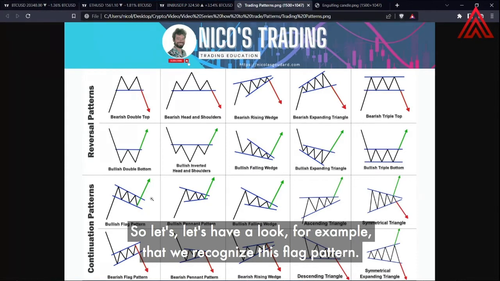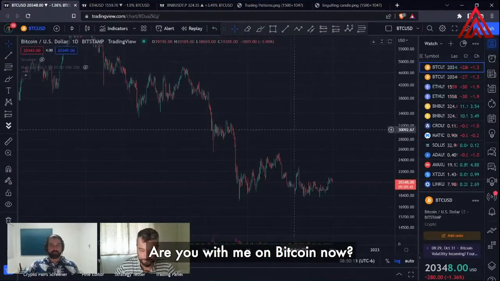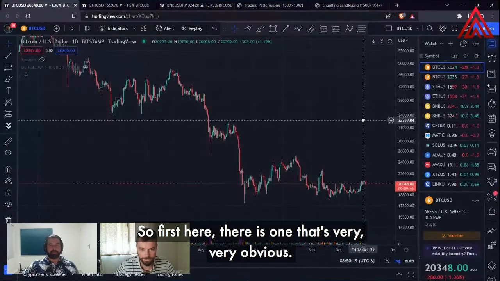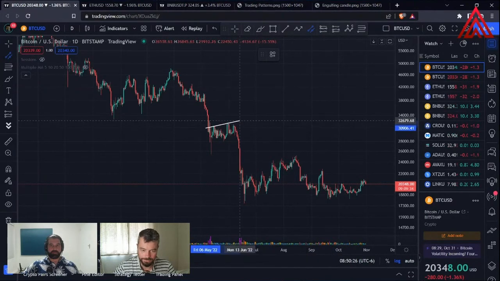For example, we recognize those flag patterns. Let's have a look at Bitcoin. Are you with me on Bitcoin now? Okay, so here there is one that's very obvious. I'm going to show it here. We've got one around there.